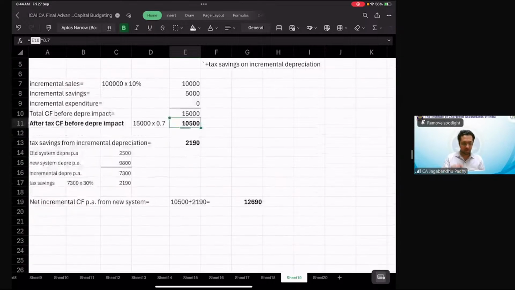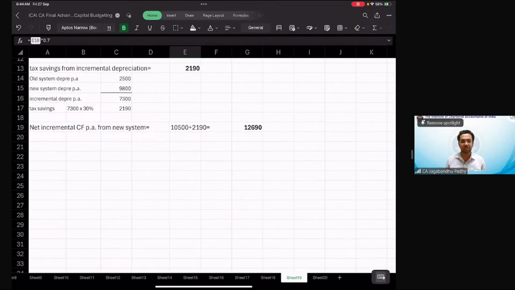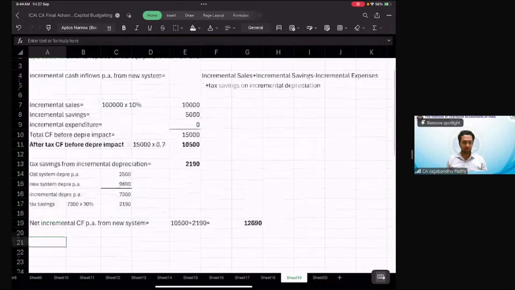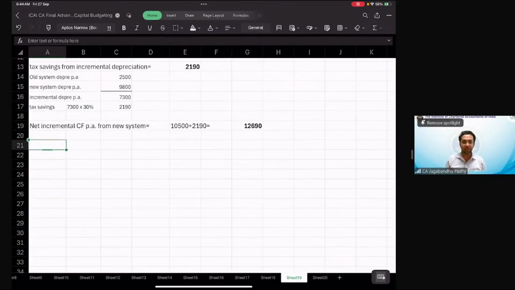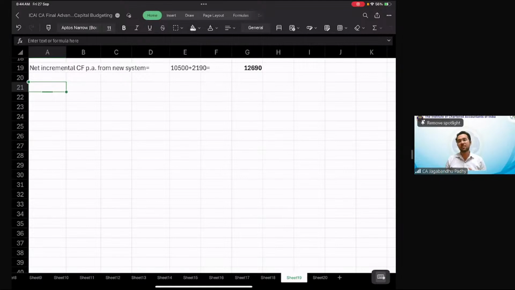Fine. So we have the net incremental cash flow per annum from the new system. Now, we have to compute the NPV. For NPV, obviously we got the first aspect over here. Now the second aspect we need to get is what is the investment that I need to make, right?